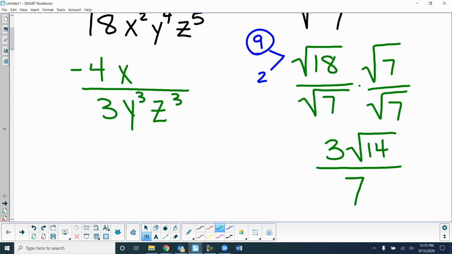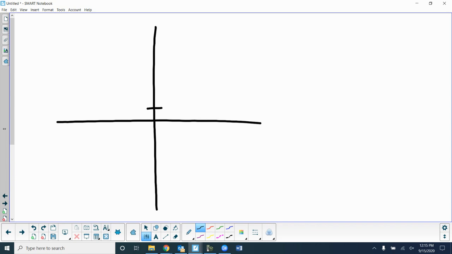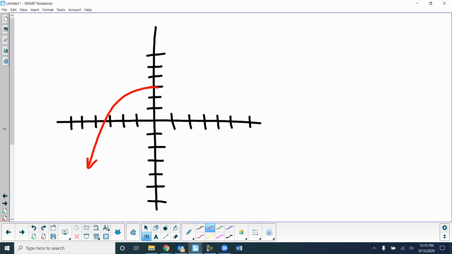So, answers to our practice quiz. Okay, so our first picture, our graph, looks something like that.